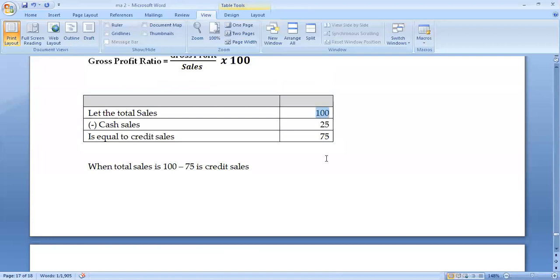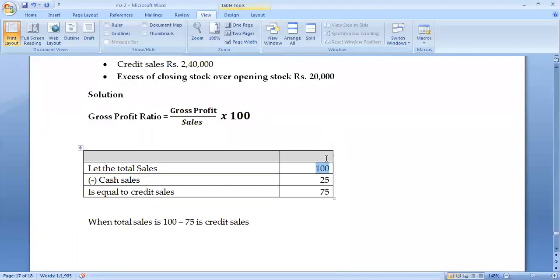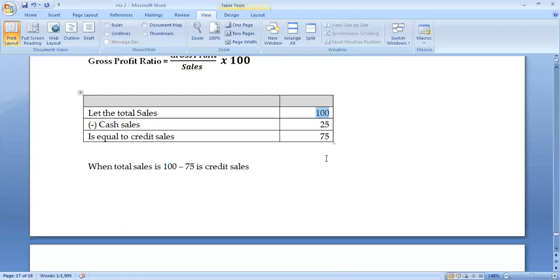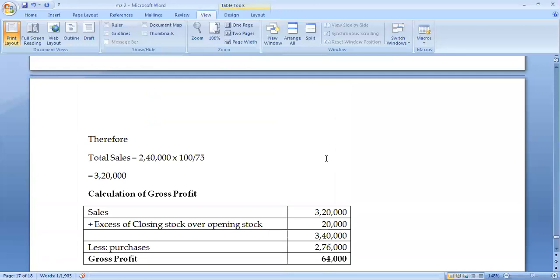So here, in the case of this information, what is the information that we will be computing? You got 2,40,000. You need the total sales, the full amount of 100.